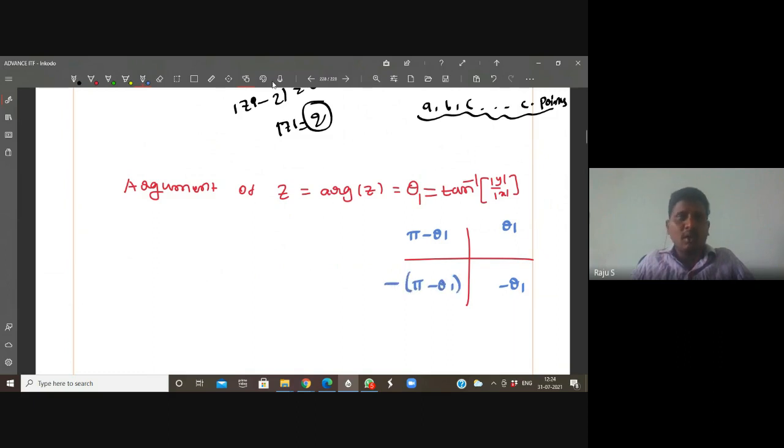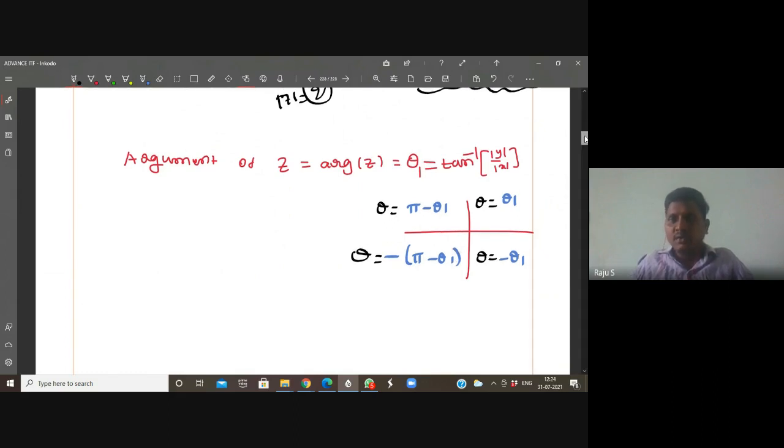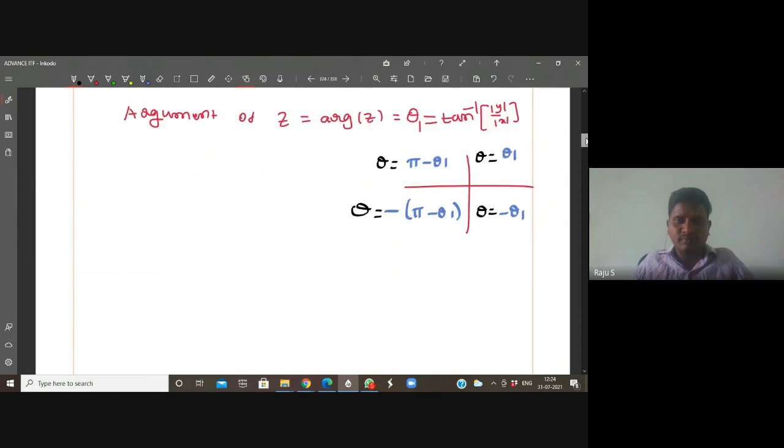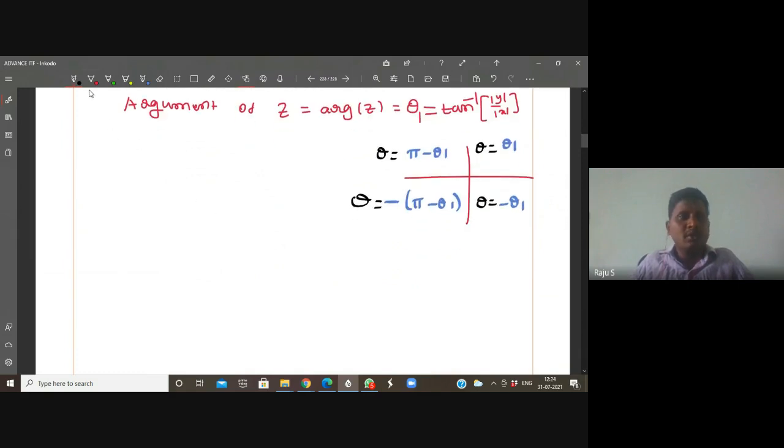Already we know that. So the argument here I am taking as theta. Theta is equal to theta 1, here theta is equal to minus theta 1. Theta is equal to pi minus theta 1, here theta is equal to minus of pi minus theta 1. So these are the arguments in the first, second, third, and fourth quadrants. Okay, so coming to argument of z.